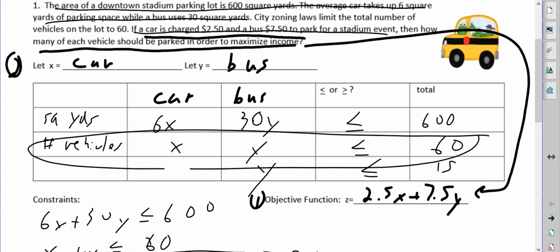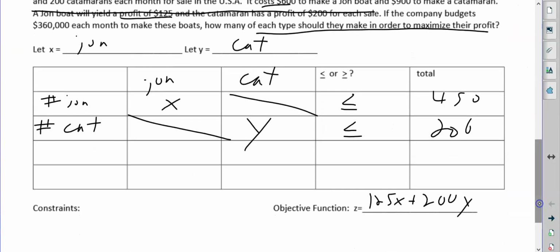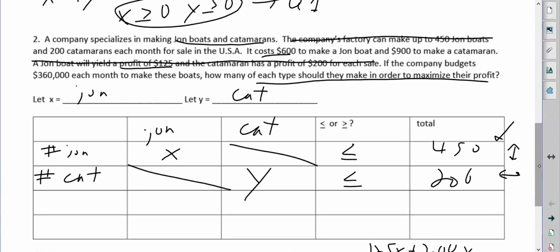I could have that. These lines X and Y equals are going to be those vertical and horizontal lines. This one right here is a slanted line. These are both vertical and horizontal lines. So X equals is a vertical line and this is a horizontal line.